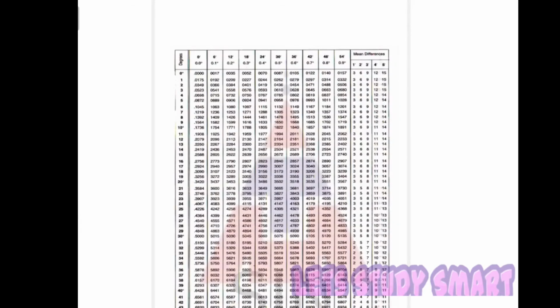Now how does a sine table look like? If you see, a sine table looks like this, and at the top it is written sine table. On the left hand side, if you observe, we have these degrees.